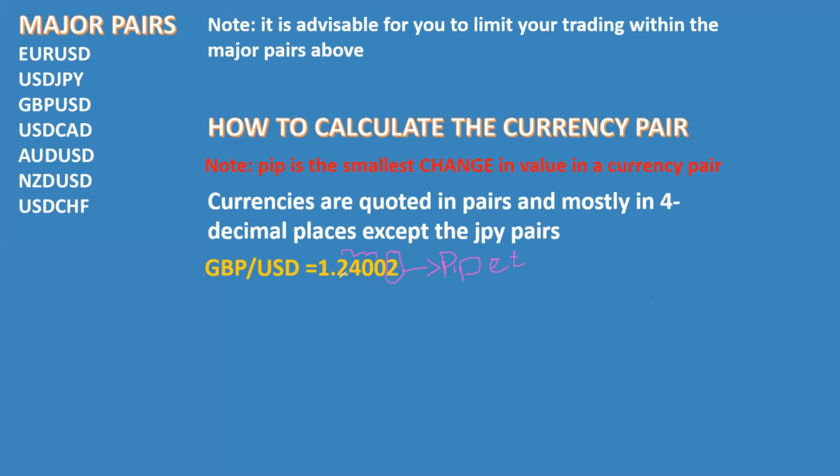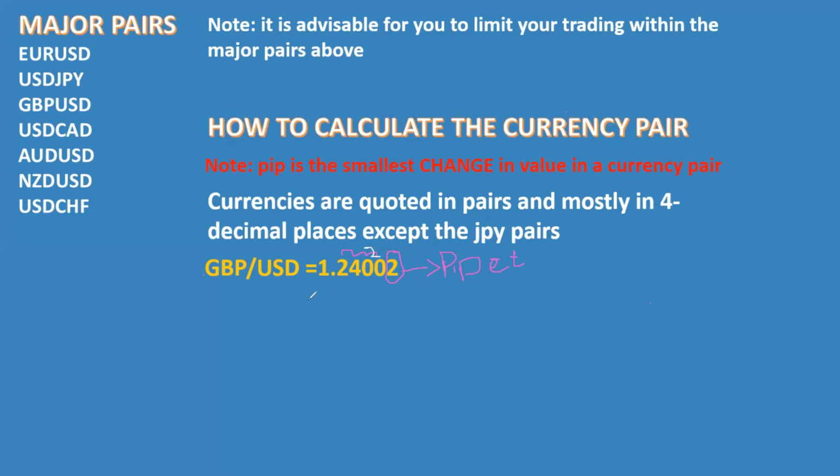So if you bought this currency pair at this value, 1.2400, and the market moved to 1.24002, let me use another color, white, so that you see the market moved to 1.24002. What it means is that it has moved 2 pips.